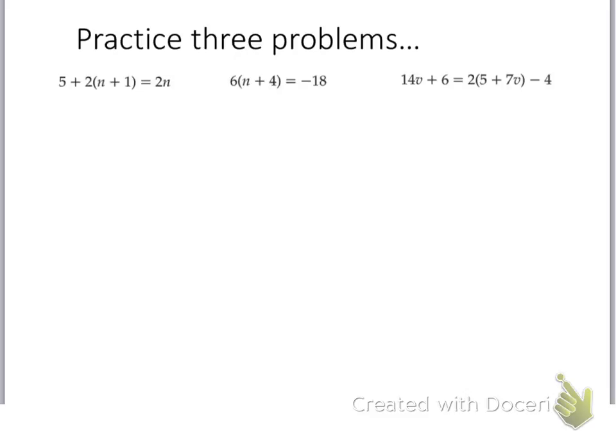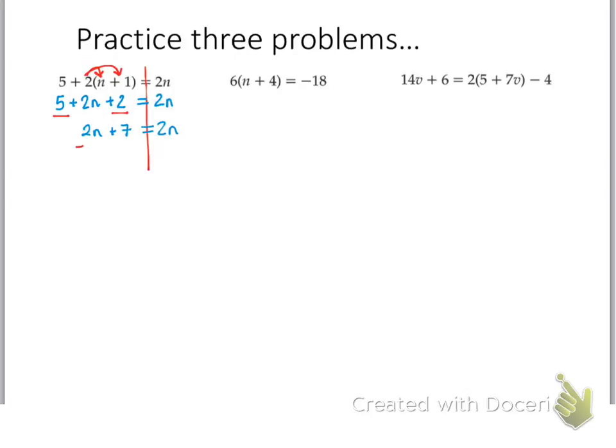In order to solve this equation, the first thing I need to do is distribute. That will give me 5 plus 2n plus 2 equals 2n. I need to simplify both sides of the equation. 5 and 2 gives me 7, so I've got 2n plus 7 equals 2n.